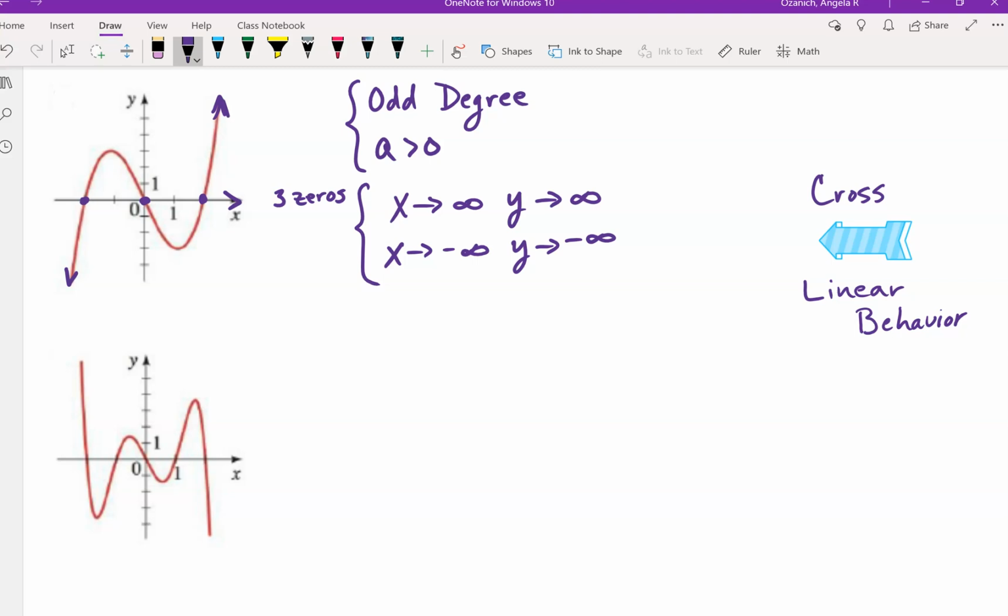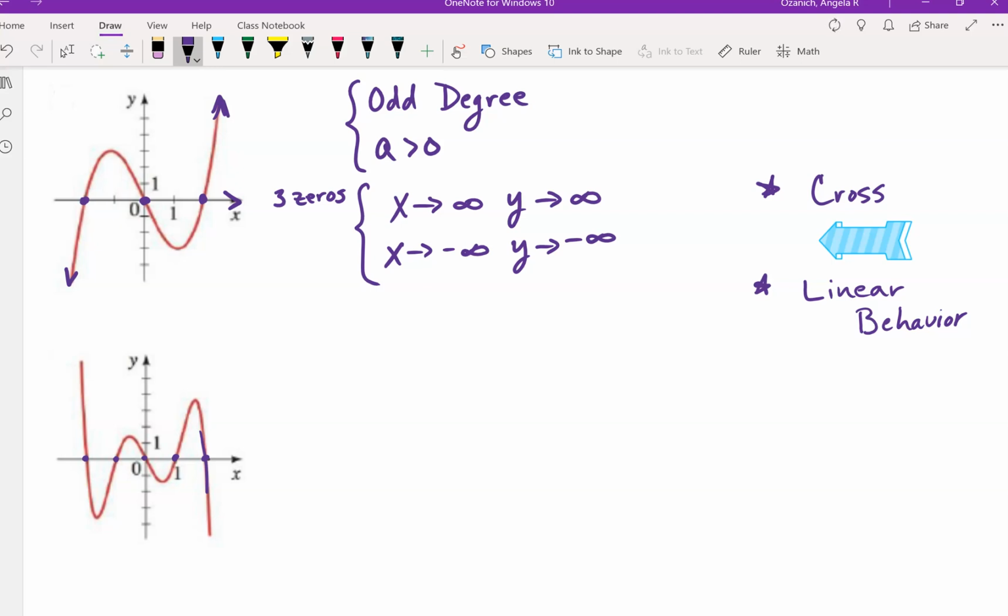Which brings us to the last one with all of these. Look at how many times it's crossing. So the crossing behavior is it's like just shooting right through, like a straight line would shoot right through, and there it is. It's crossing, crossing, crossing, crossing, crossing. So these are all potentially zeros of my function.